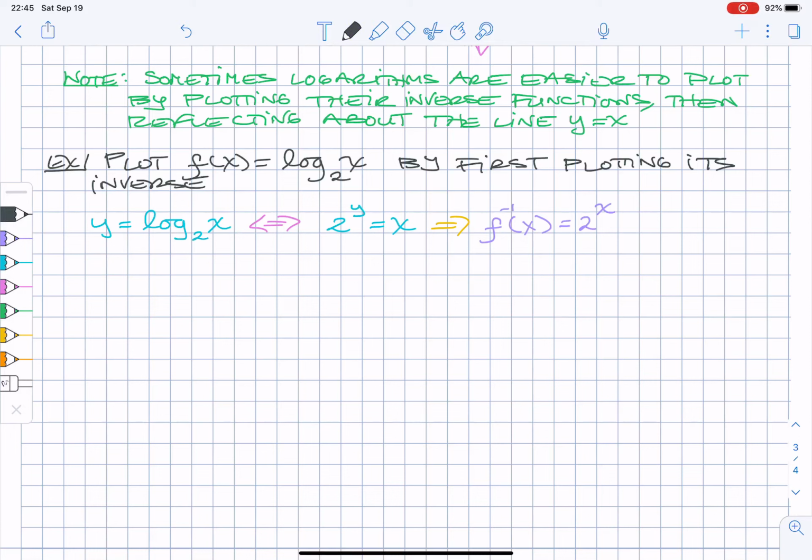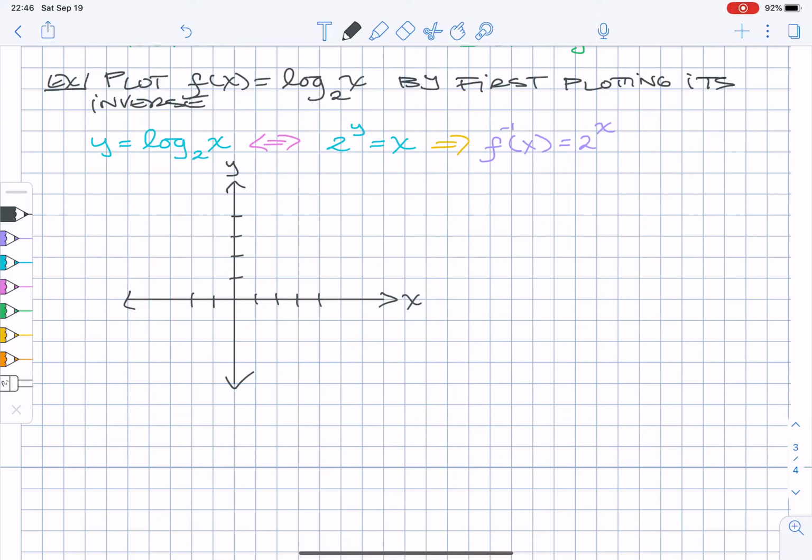So x and y are my coordinate axes. So 1, 2, 3, 4, 1, 2, 3, 4, 1, 2, 1, 2. Okay, so if I plot 2 to the x, I know negative 1, 1/2, 0 comma 1, 1 comma 2, 2 comma 4.